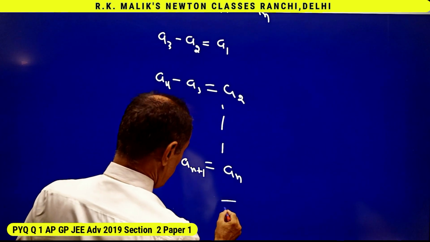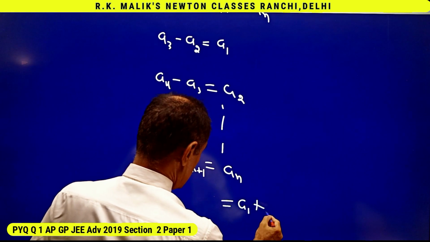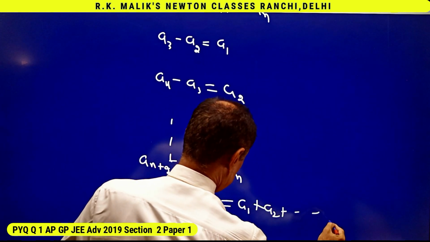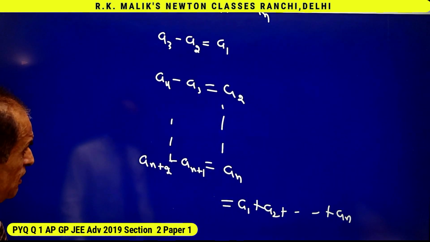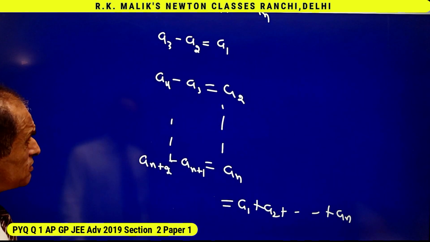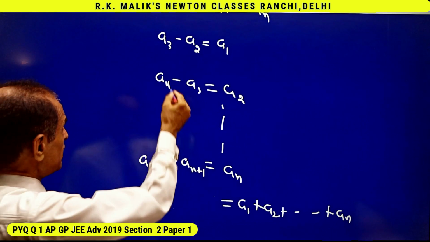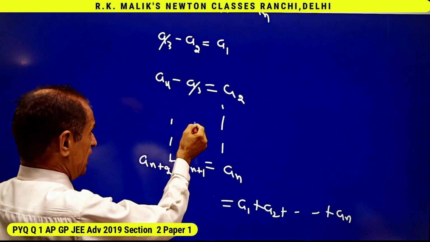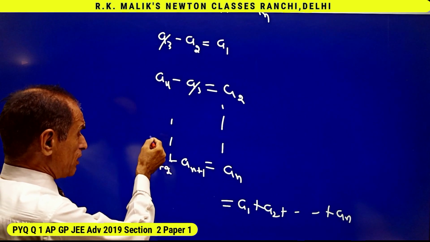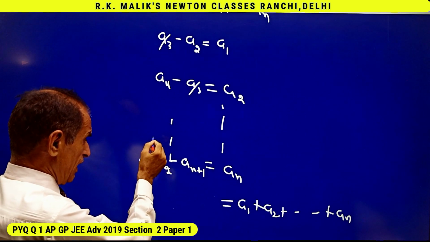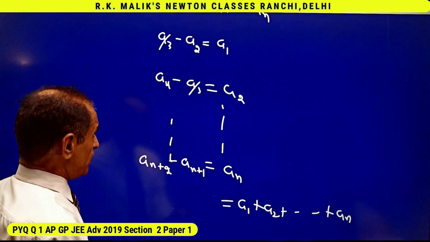On the right hand side we will be getting a1 plus a2 up to an. And when I add all these, clearly a3 will get cancelled, a4 will get cancelled, a n plus 1 will get cancelled with a n plus 1 here.